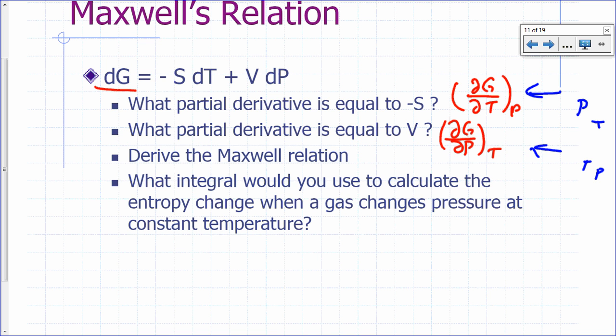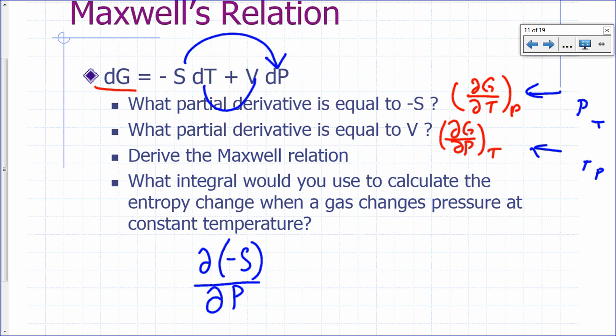Quick way to do this is to set it up like that. So if I'm going to take the derivative of negative S, this time with respect to pressure, the other variable, it's holding what constant this time? T, right? So that's this one right here.